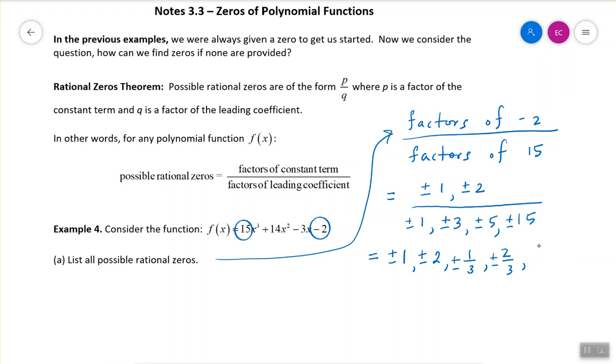And then we'll do 1 over 5 and then 2 over 5. And then we'll go to the last denominator, 15. We'll say 1 over 15 or 2 over 15.